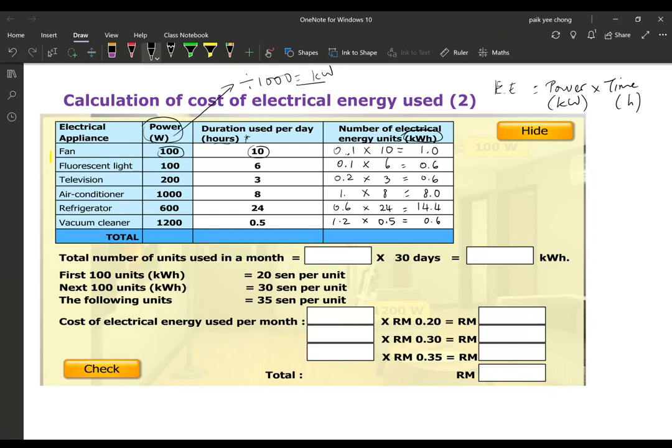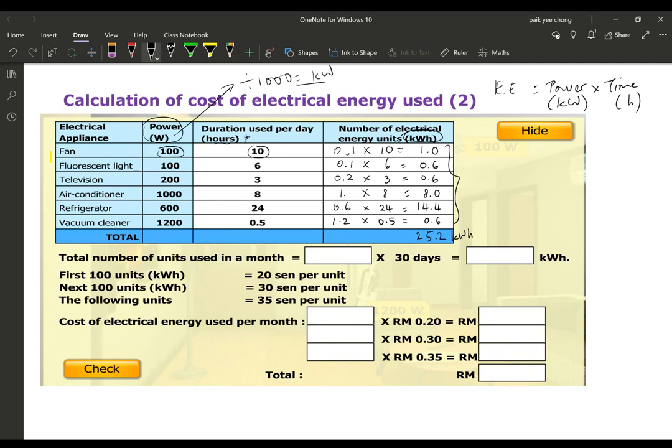Now you have to add all of this up: 1 plus 0.6 plus 0.6 plus 8 plus 14.4 plus 0.6 is equivalent to 25.2 kilowatt hour. Let's carry on.